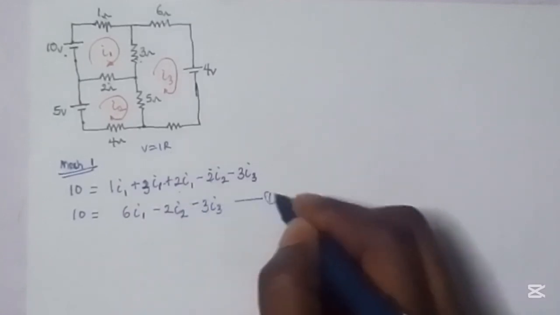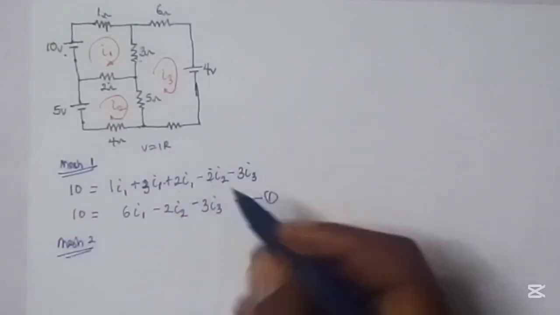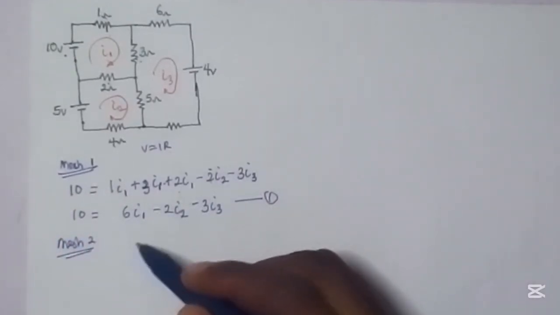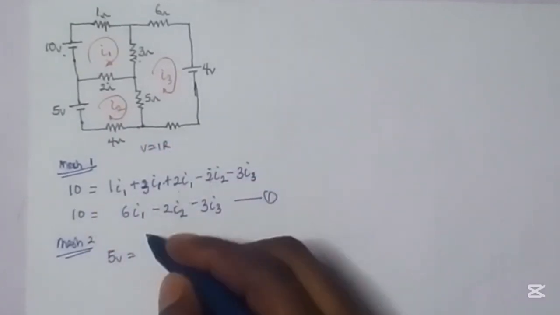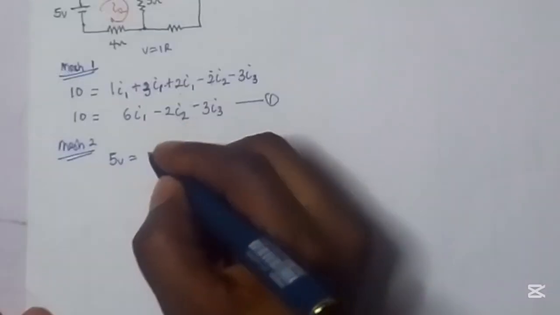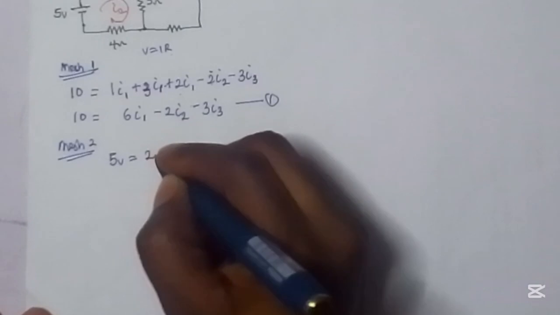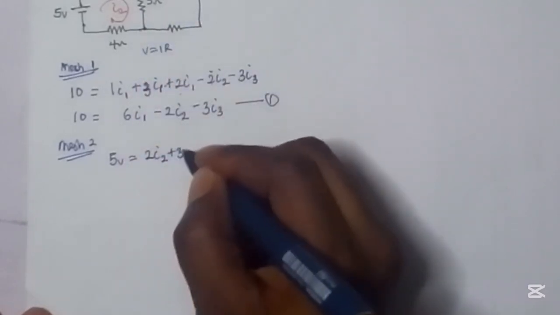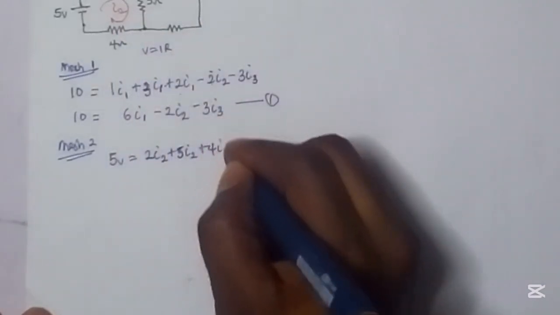This will give me the first equation. For mesh 2, using Kirchhoff's voltage law, you can also say that the 5 volts here is the same thing as the voltage drop across all of these: 2 I2 plus 5 I2 plus 4 I2.